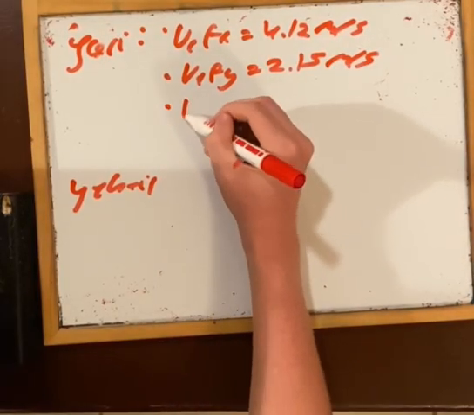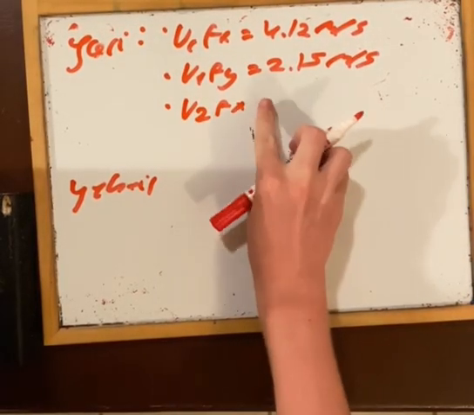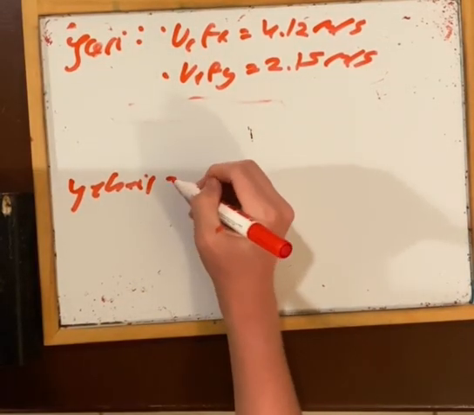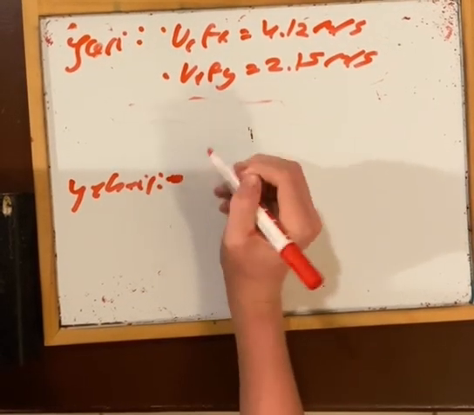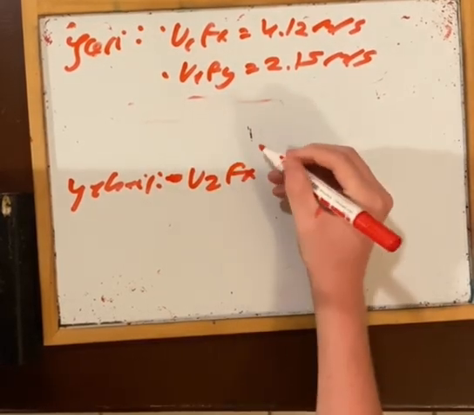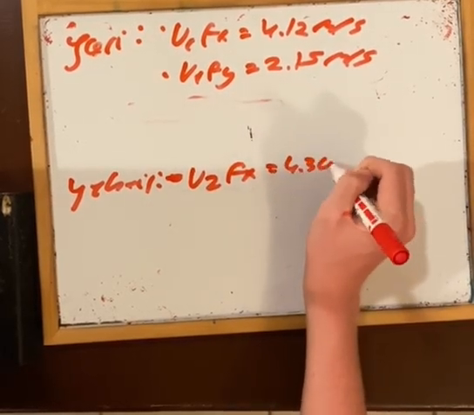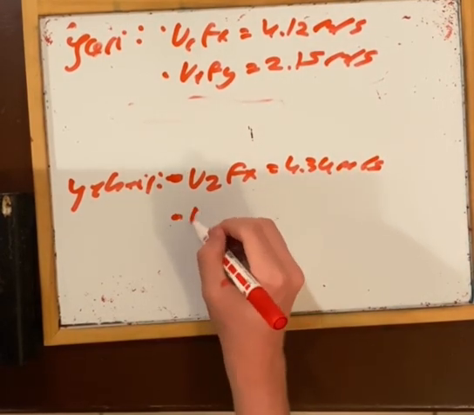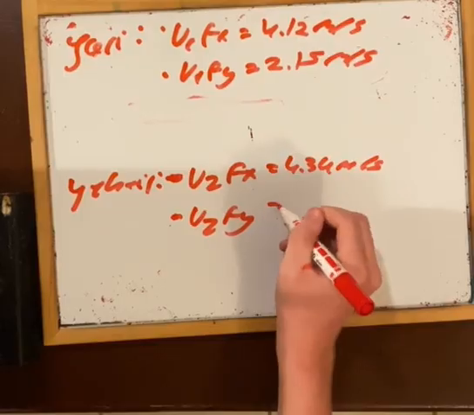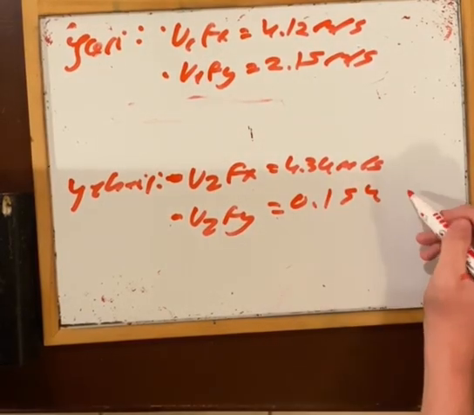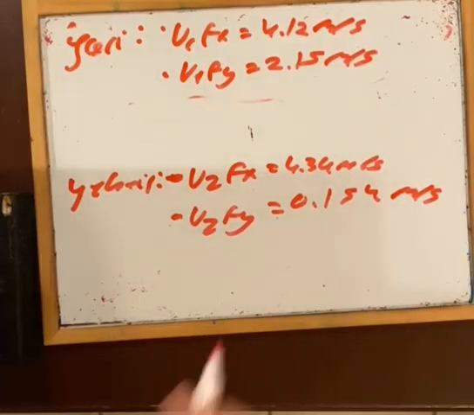And then v2f of, oh no, sorry, this would be for Yehiel. So our first one is going to be for Yehiel: velocity 2f of x is 4.34 meters per second, and then velocity 2f of y is going to be 0.154 meters per second.